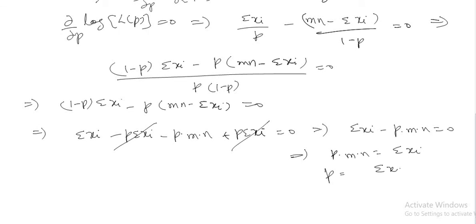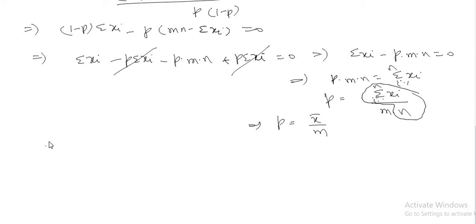So p equals summation xi by m into n, where the summation is i equals 1 to n. This part becomes x bar. So p equals x bar by m.